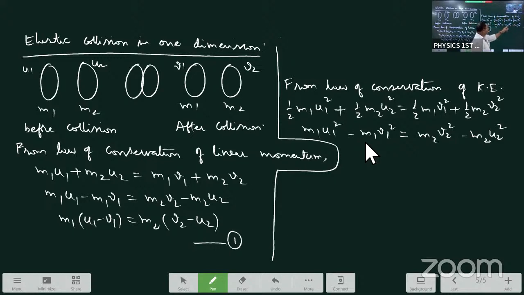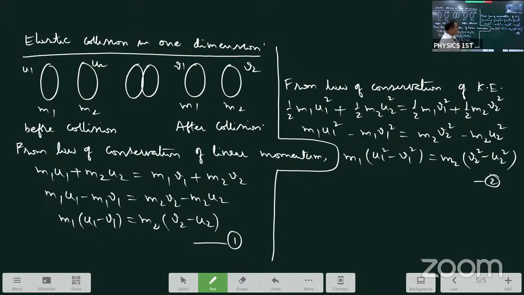So that is m2 v2 square, and when it comes here, m2 u2 square. Now m1 is common, so u1 square minus v1 square is equal to, then m2 common, v2 square minus u2 square. It is equation 2.